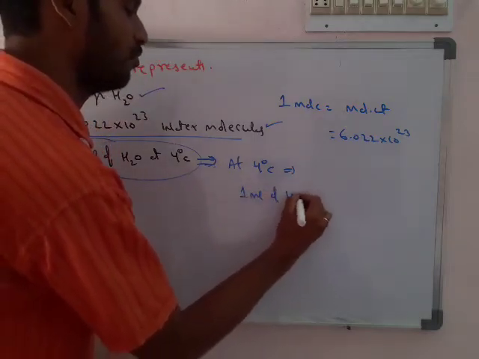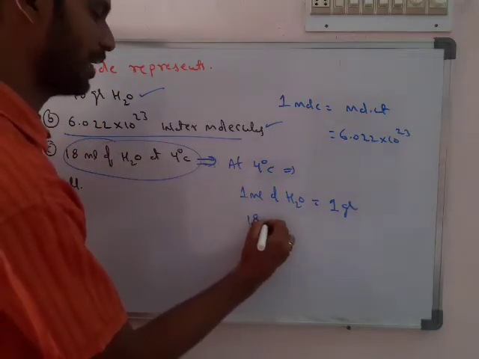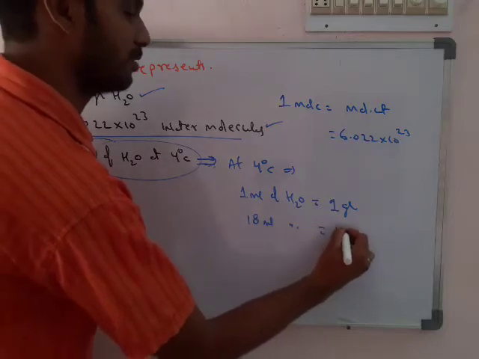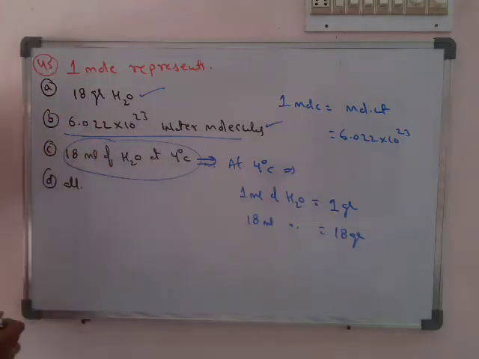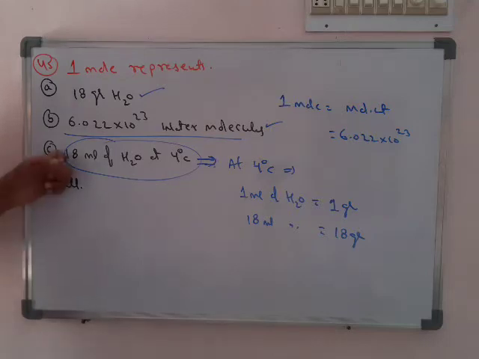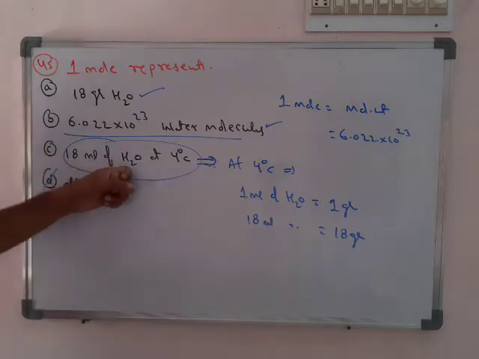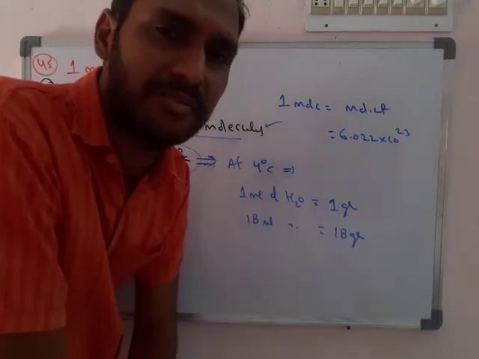1 ml of water is equal to 1 gram. Here 18 ml is given. So 18 ml of water is nothing but 18 gram. Next, simple, here 18 grams is given. So all the options are correct. The different point here is 18 milliliter of water at 4 degrees Celsius. At 4 degrees Celsius water has a very different character.